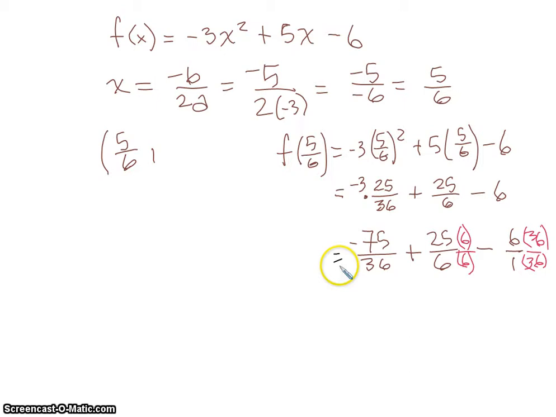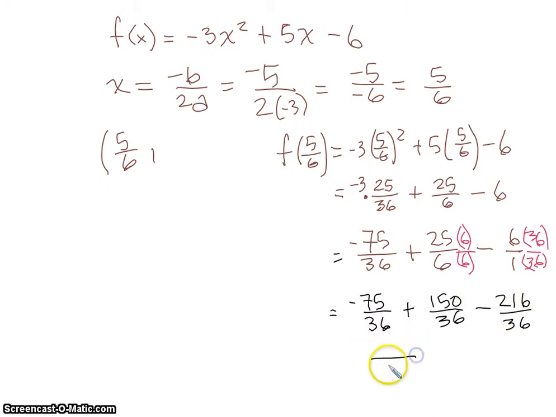So now I get negative 75 over 36 plus 150 over 36, take away 216 over 36. So now I have a common denominator. I can write that common denominator and then take negative 75 plus 150 minus 216, and that is negative 141.